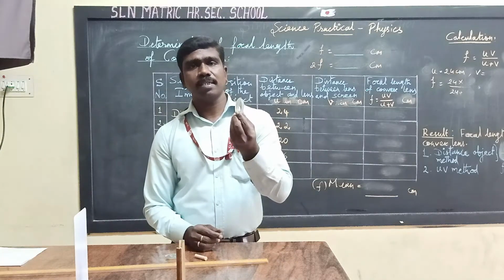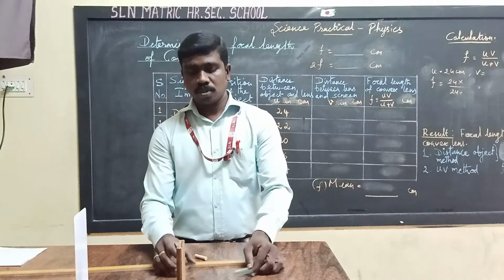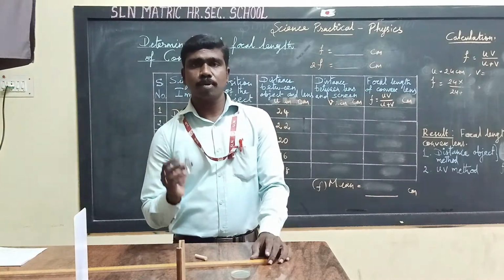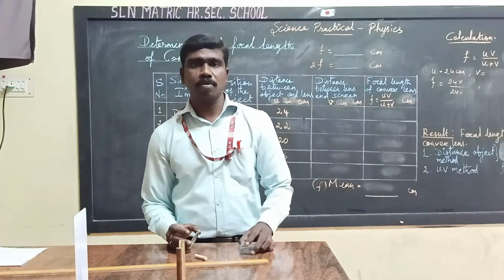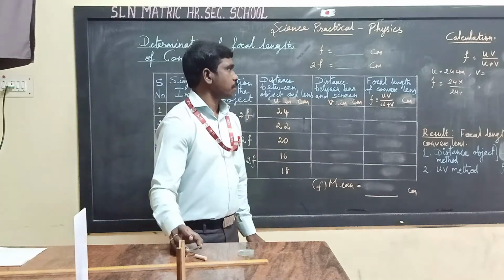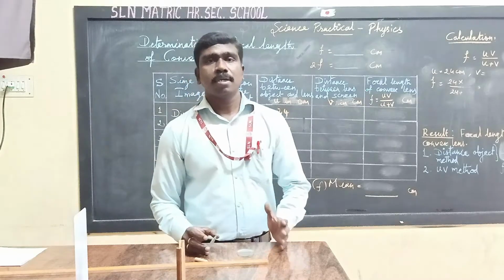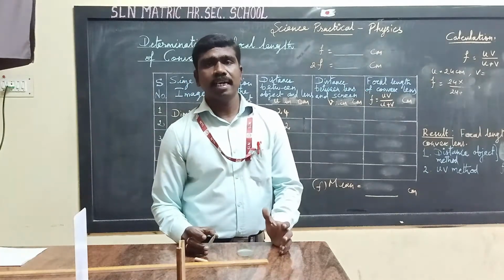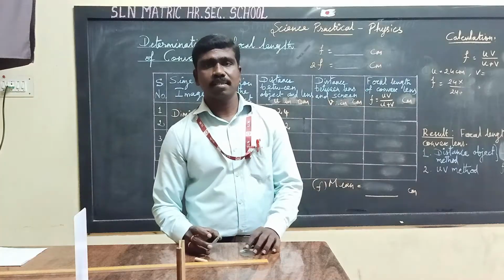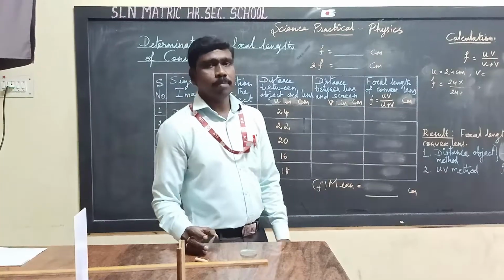We have two different types of lens. In this experiment, we are going to discuss the convex lens focal length. How are the light rays converging, and how are the light rays diverging, by using the given lenses? Now we will discuss them one by one.